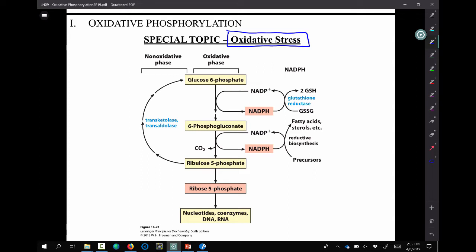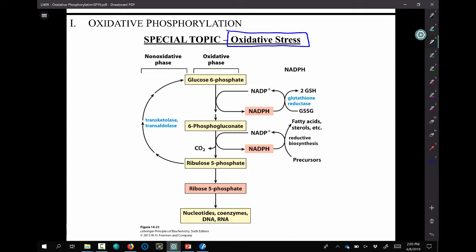I put it in this lecture because oxidative stress can increase or decrease based on what's going on in the electron transport chain. Essentially, if there's not a proper balance of the number of electrons going into the electron transport chain versus the ones coming out, that can lead to increased levels of oxidative stress. Electrons enter the chain primarily by NADH, which is what most redox reactions in the cell create.